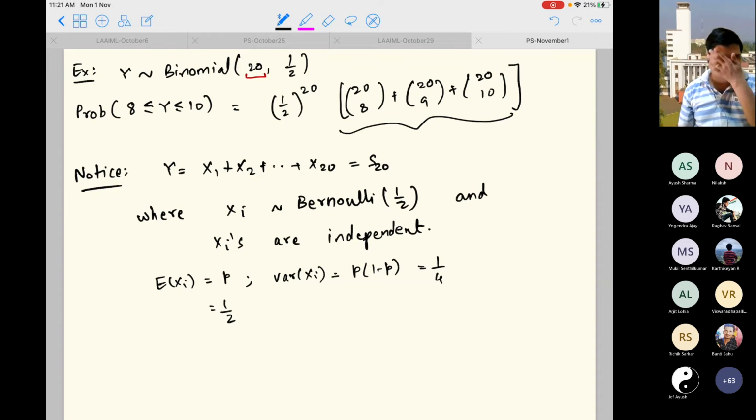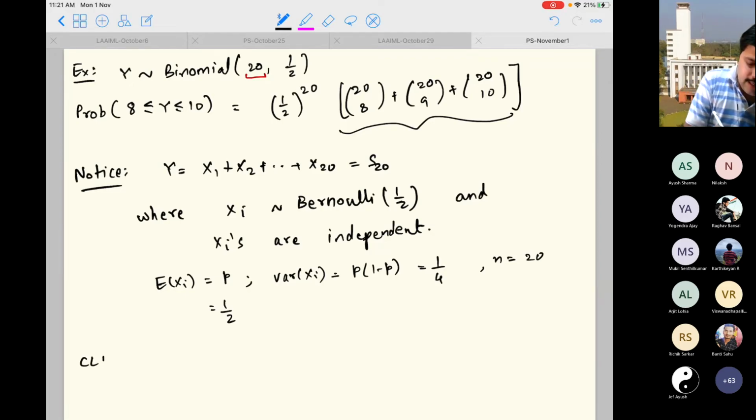Is that okay? And what is n here? N is equal to 20.